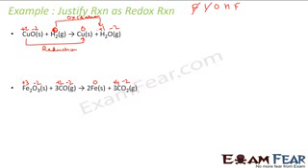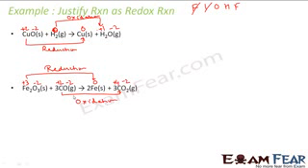Now if you see, carbon went from +2 to +4, iron from +3 to 0. So this is nothing but reduction, and this is nothing but oxidation, because here we have an increase in oxidation number from 2 to 4, and here we have 3 to 0. So this is also a redox reaction.